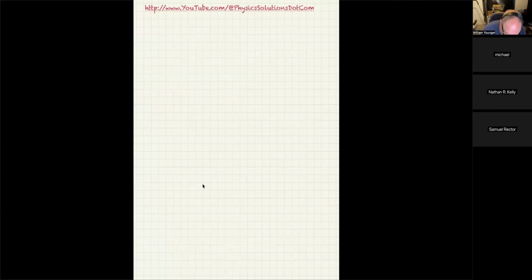So that brings us to example 5.5. It says two boxes and a pulley. In figure 5.7a, two boxes are connected by a cord running over a pulley. The coefficient of kinetic friction between box A and the table is 0.20.